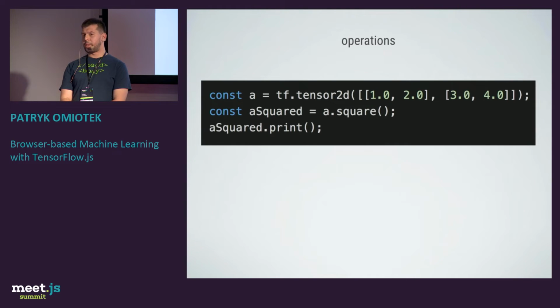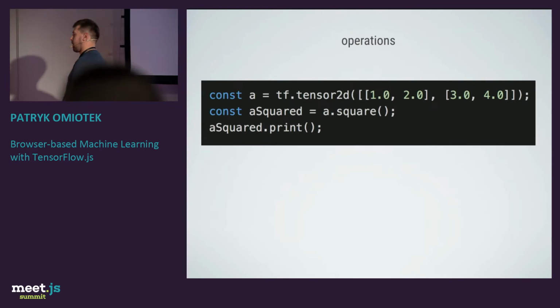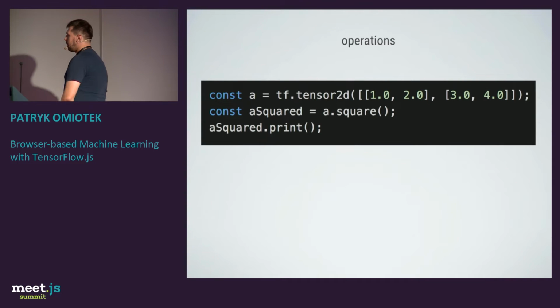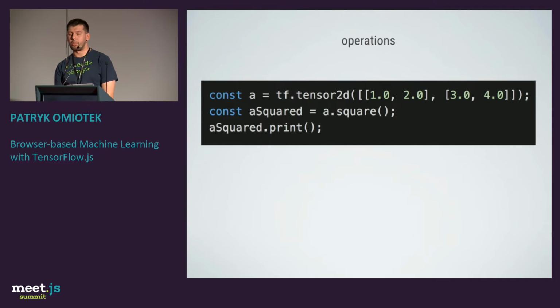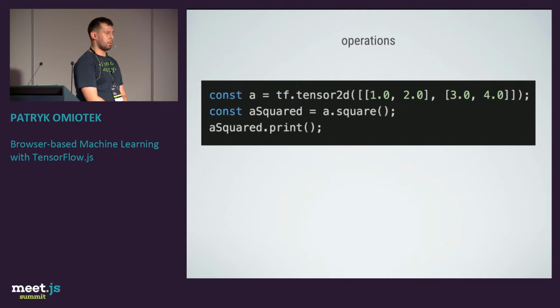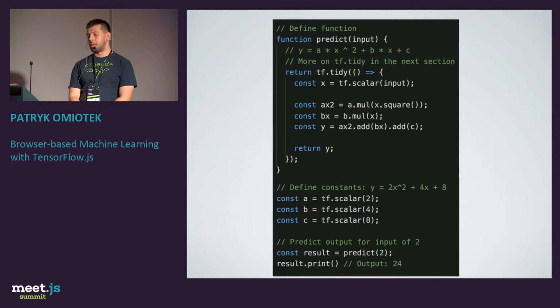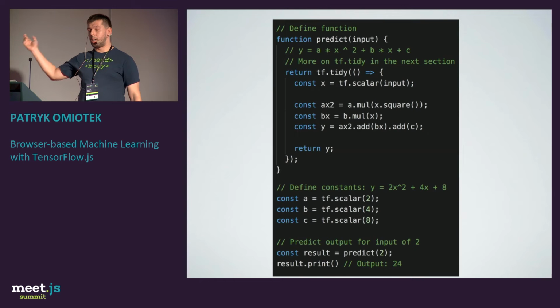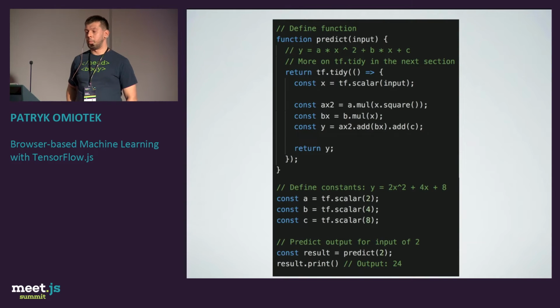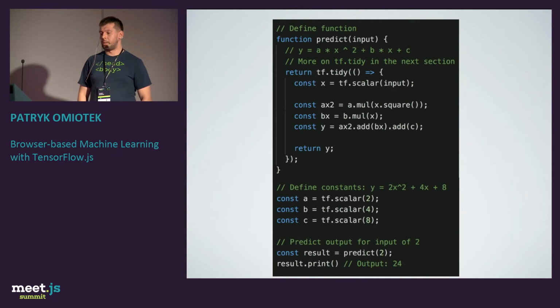Operations. If we have tensors and variables, we'd like to make some operations, for example, add values of some tensors or variables, multiplication, subtraction, and power. So in this example we have a predict function, and with the tidy function we have tf.scalar with some input, and we are creating this ax² + bx + c function that way.